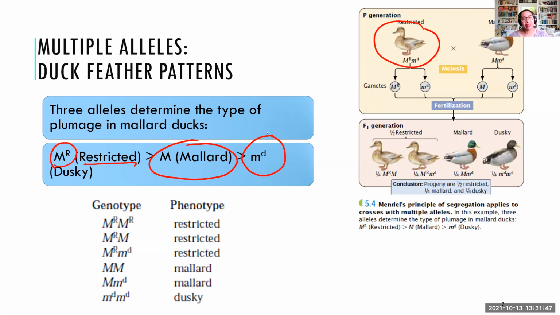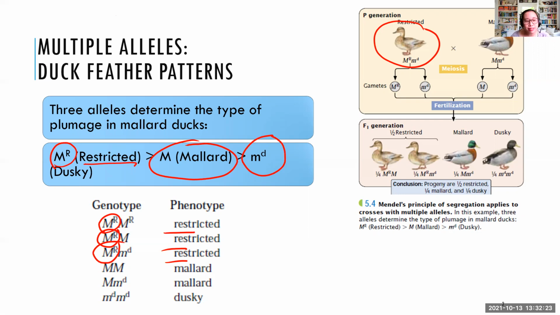So you will see that there are three alleles for the gene which determines the duck feather pattern. And you have to check the order of dominance. The most dominant is restricted, followed by mallard, followed by dusky. So what do you notice? You see there's still two alleles per gene pair. When the M superscript R is found, the phenotypes are all restricted because M superscript R, or the restricted, is the most dominant.